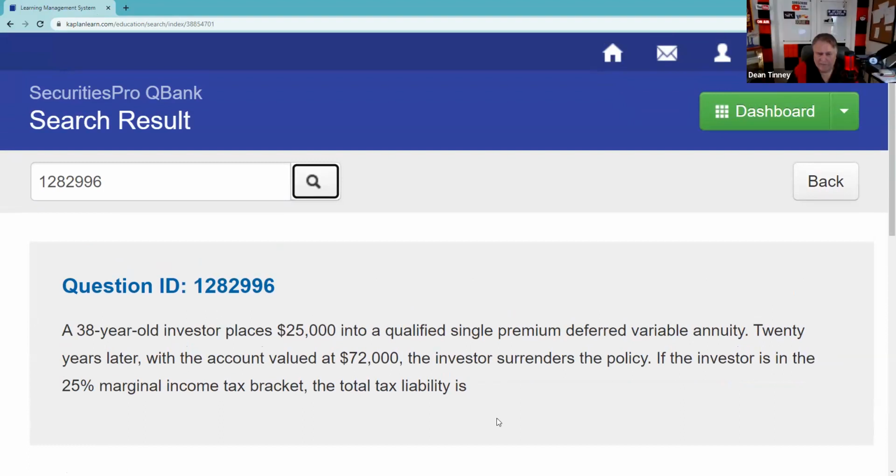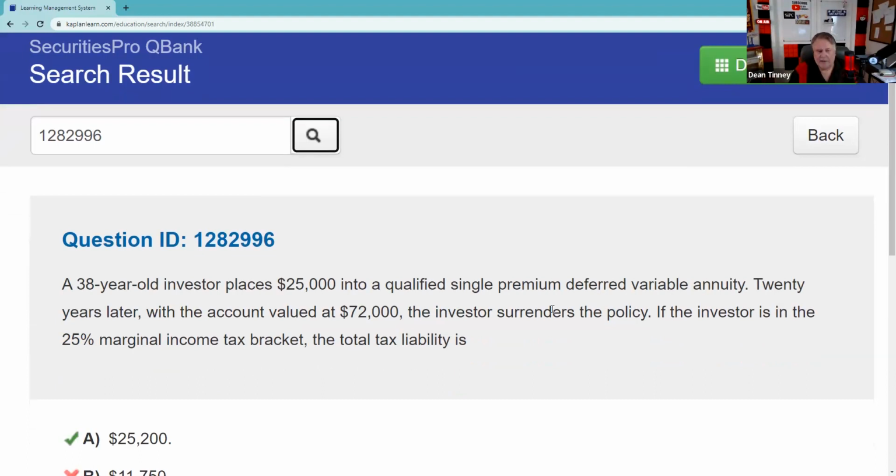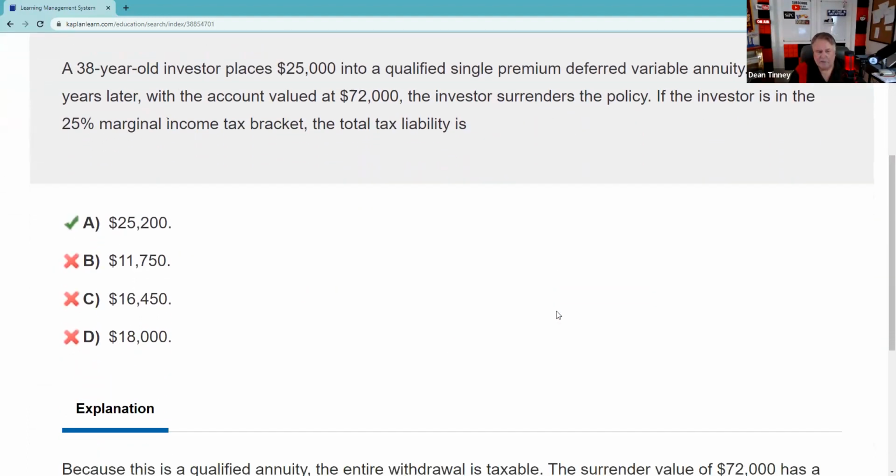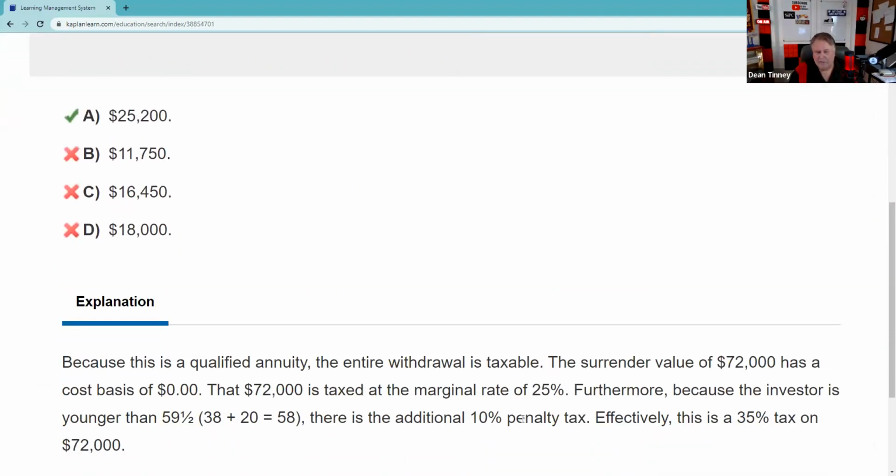So we're assuming, since it's qualified, that this person has never paid taxes on that 25 grand. 20 years later, the account is valued at 72,000, and the investor surrenders the policy. The investor's in a 25% marginal income tax bracket. The total tax liability is going to be the entire 72,000 times the 25%, and then the 10% penalty.